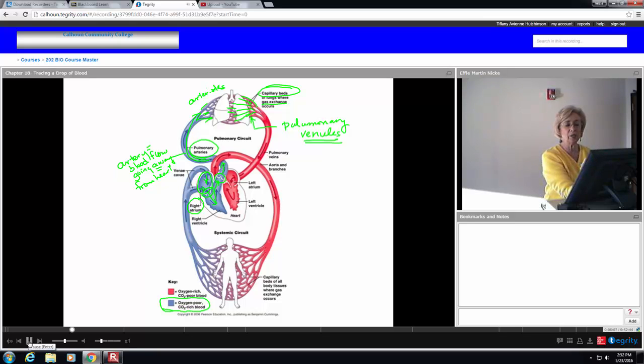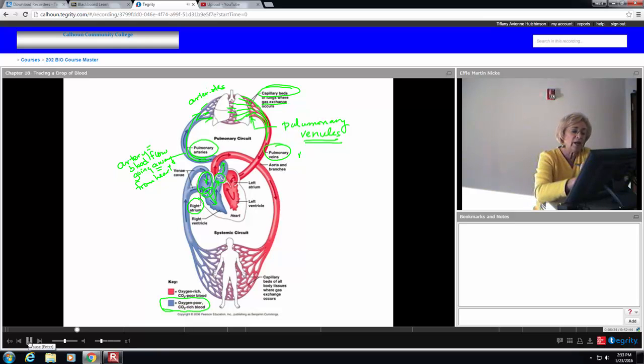Notice this word is spelled a little different. It's not V-E-I-N. It's V-E-N, venules. So the venules start growing together, and what does a vein become? They all join up finally till you get to some pulmonary veins. Actually, you're going to have 2 pulmonary veins coming into the heart from each lung, 4 altogether.